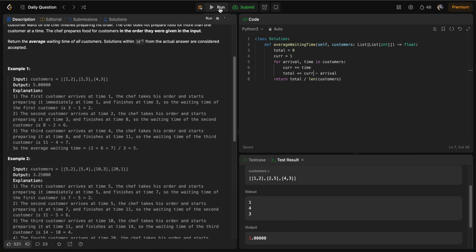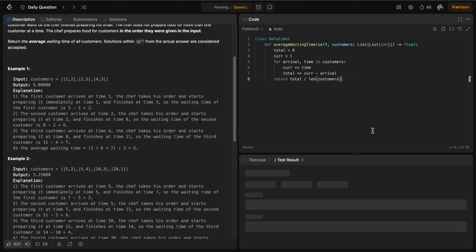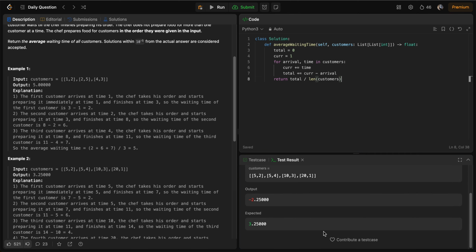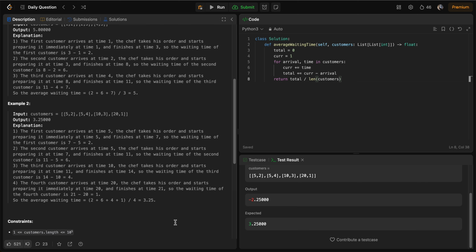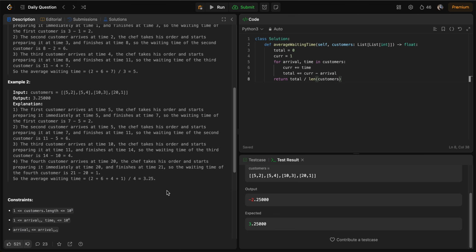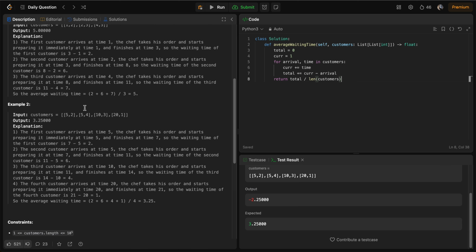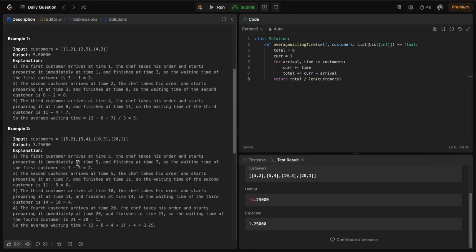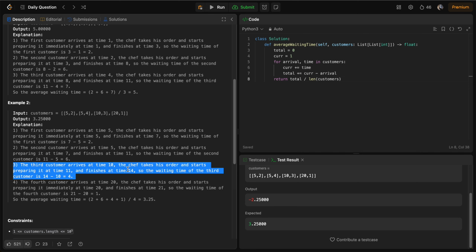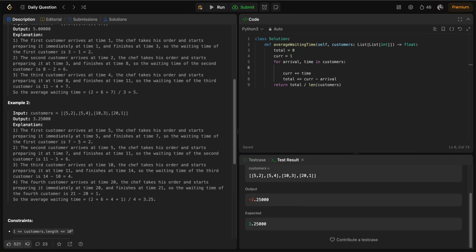Should be cur minus arrival. And I still did it wrong. Okay, I guess the second example is actually important. Oh, right. So the first thing that should happen is cur is equal to max of cur and arrival, because the chef can't start preparing a dish before the customer has arrived.